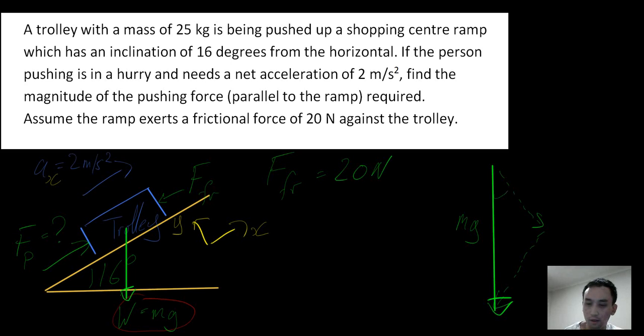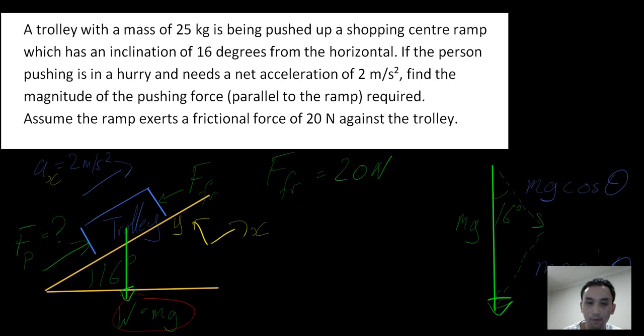Okay. So we know this angle up here is 16 degrees, equal to the inclination of the ramp. So when we draw our forces, we know this one is mg cos theta. It is the adjacent side to this angle. This is mg sine theta, because it is the side opposite to the angle.